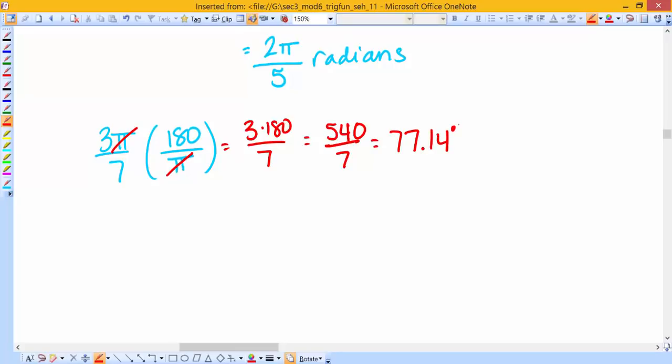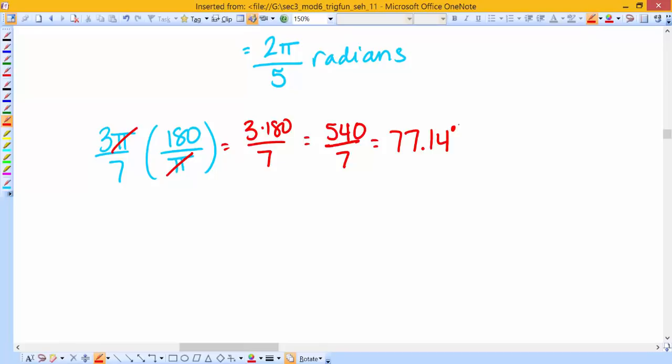I actually want to get a degree that I know where that is going to end up being. The radians, I want to leave it in terms of pi because that's how I have radians on my unit circle, and I can figure out where 2 pi over 5 is, roughly. And now I can figure out where 77.14 degrees is also.